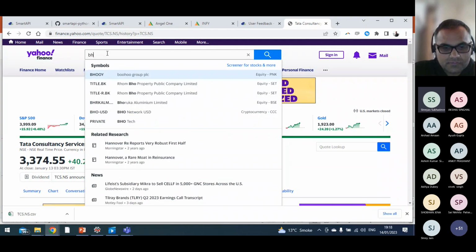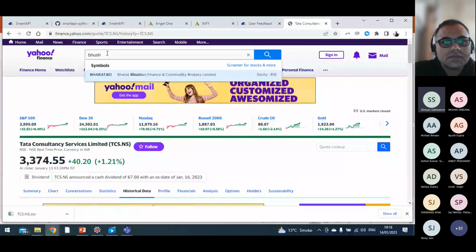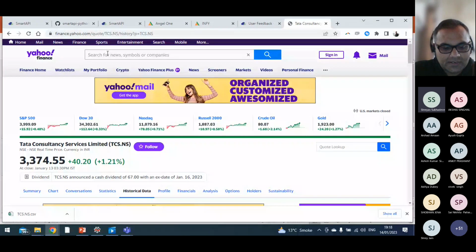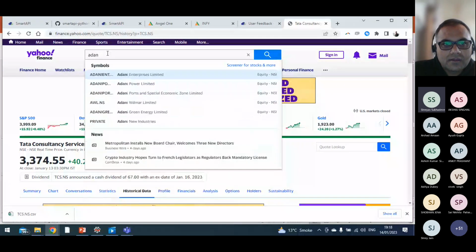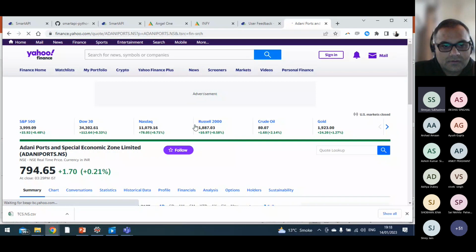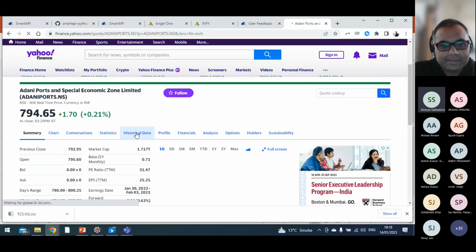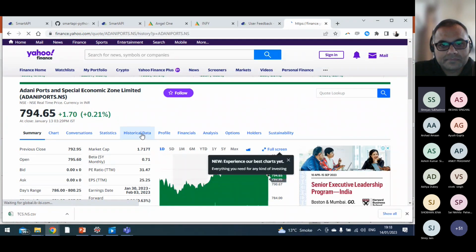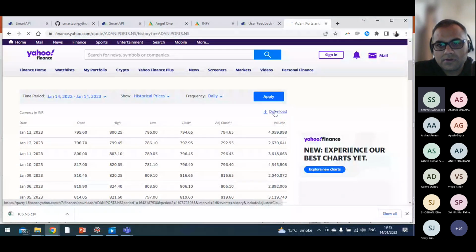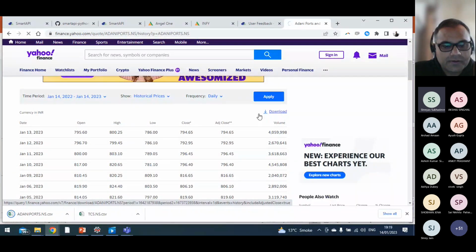Okay, forget it. Adani. Adani Ports. Is it the NSE? Yeah, this is the one. Historical data, download. So I have three, I'll go with two more.